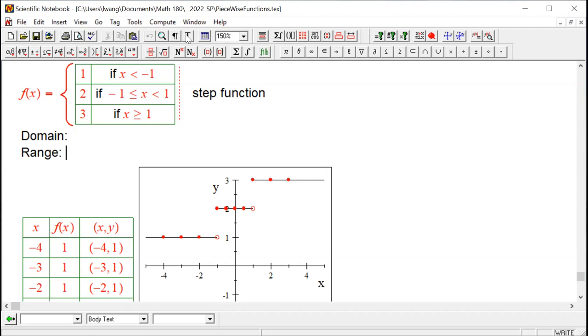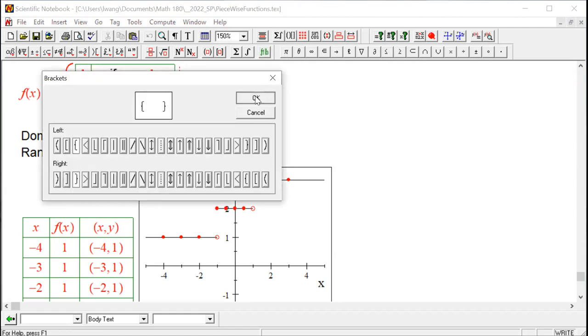Okay, so now suppose you've done that, the domain is all real numbers because every real number is included, even though we have different rules for different intervals on the horizontal line. But for the range, we actually only have 3 numbers. To express the range, we use curly brackets.